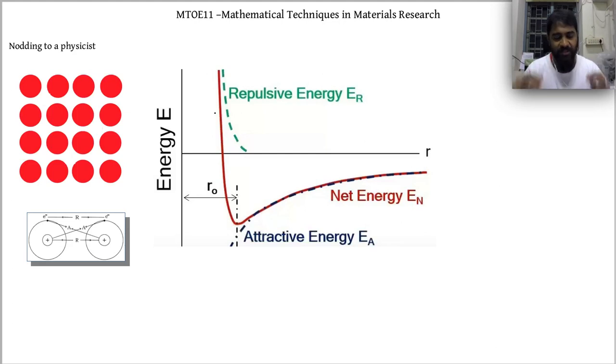Now, of course, there is this wonderful axiom as far as material systems go: material systems tend to move to a configuration of lowest energy. So we have our net energy plot here, and it says this is the point where the two atoms are at their lowest energy.